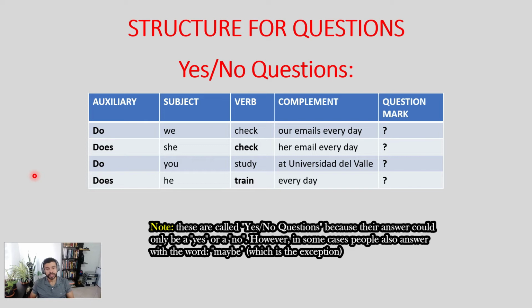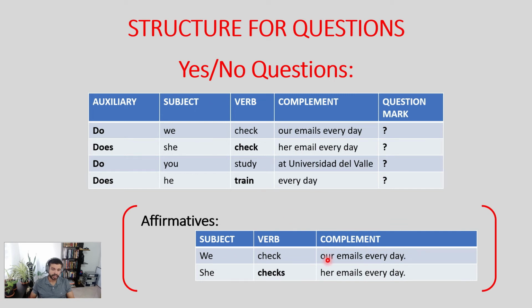But that's the reason why these questions are called yes/no questions. They are closed questions. And here we can notice the difference between these. And remember, in affirmatives, we have to add s or es to the verb if it is the third singular person. Here we don't. Remember, drop that rule, ignore it. It only applies for affirmatives.